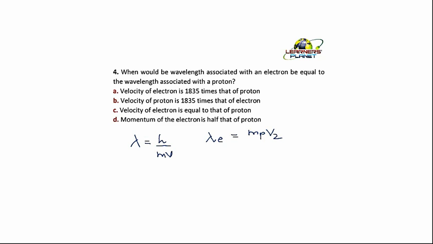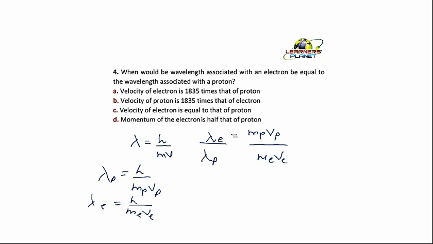Now can I write it like this? Lambda p is equal to h upon mpvp, and lambda e is equal to h upon meve.